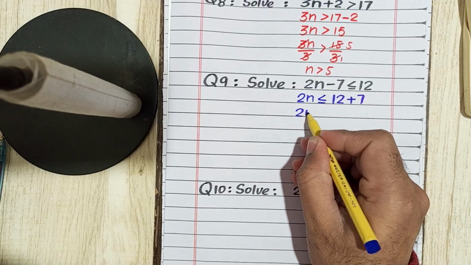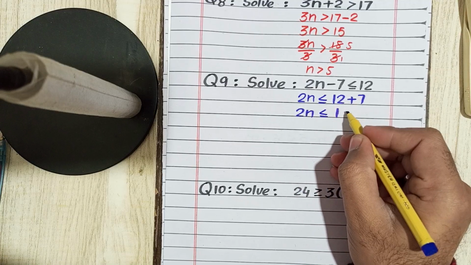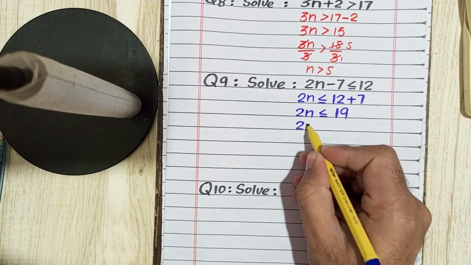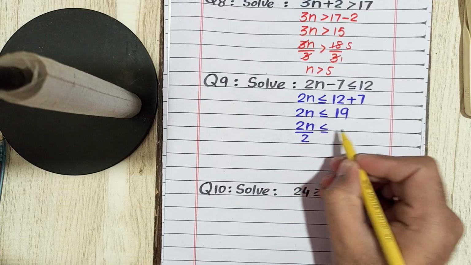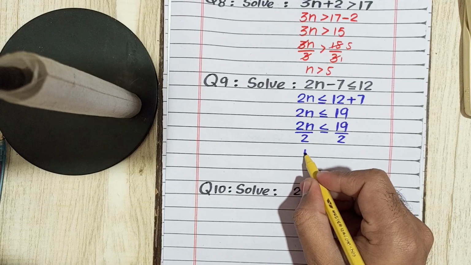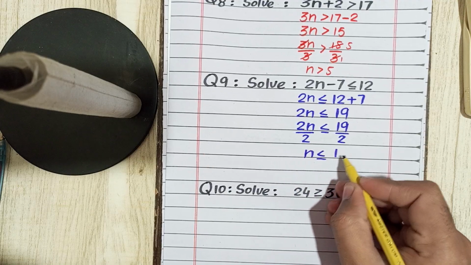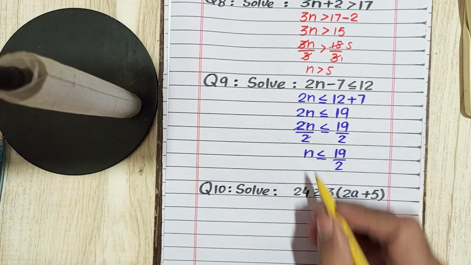So now we have 2n less than or equal to 12 plus 7, which is equal to 19. Now we want to calculate the value of n, so we divide both sides by 2. So the value of n is less than or equal to 19 over 2. So I hope you got it.